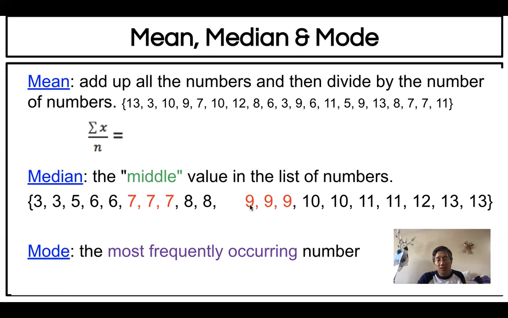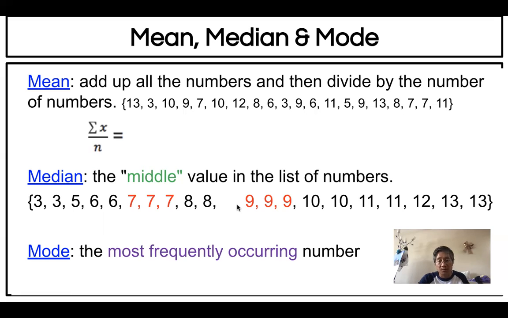Then how do you get it? If you have an odd count, just use the one exact number. That is the median. But in this case, you have 8 and 9 in the middle, so you get the average of these two numbers. You add 8 and 9 and divide by 2, which is 8.5. That's the median.